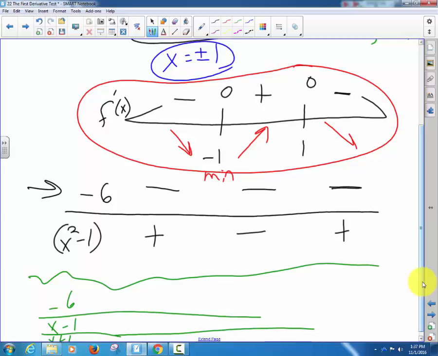What about this point here? The function's going up, then it's 0, then the function's going down. So this point is a max. Isn't that cool that you can figure that out without having to draw something?